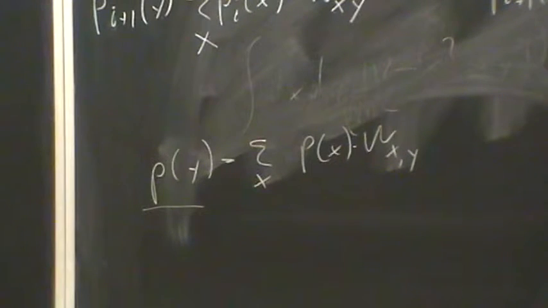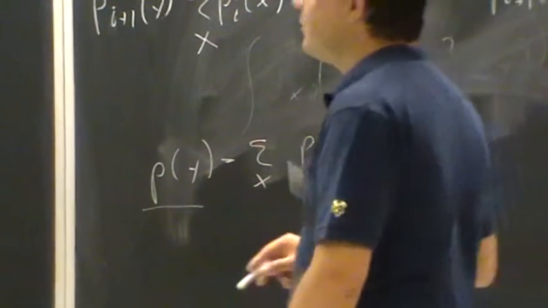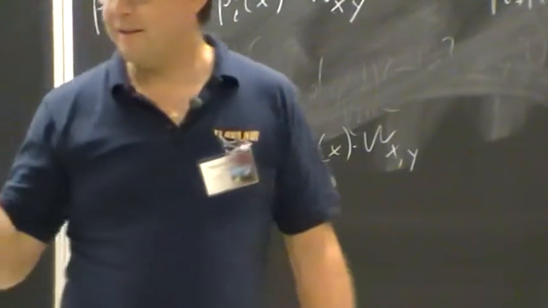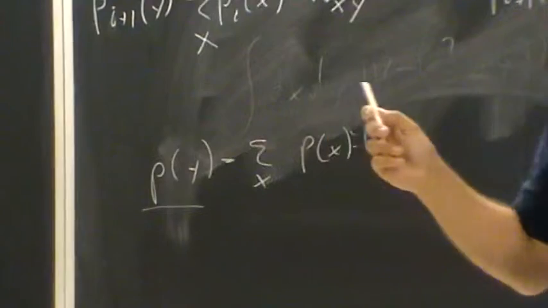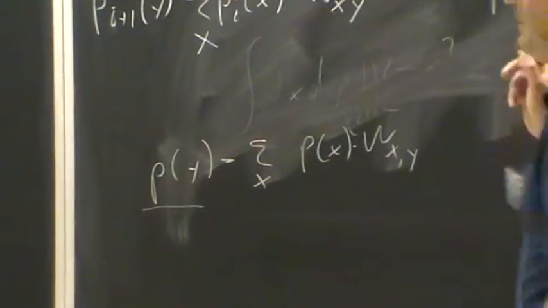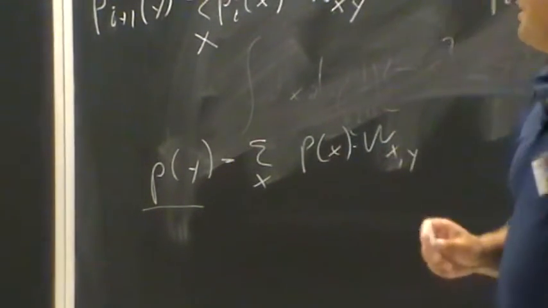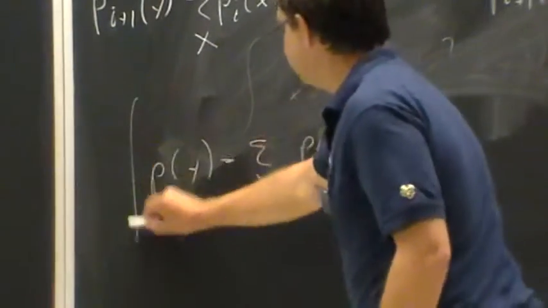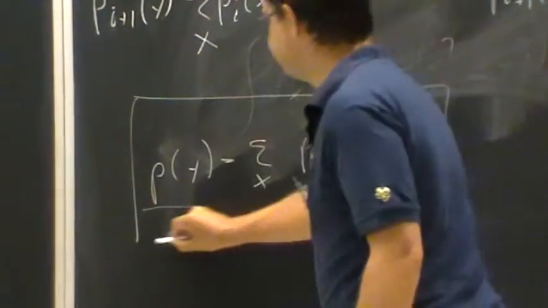The trick of Metropolis et al. was to find a new condition that is even stricter, that is sufficient but not necessary, but that can easily be satisfied. That is the detailed balance condition. This is the balance condition that we need, the sum here.